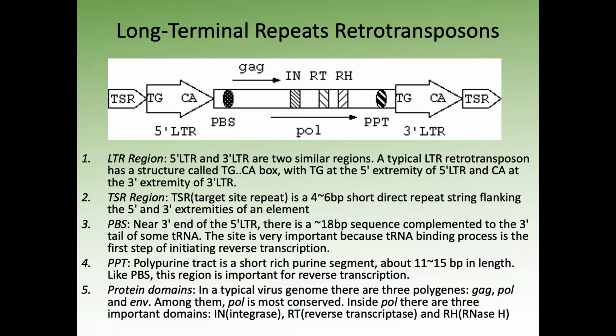LTRs, we call them, that stands for long terminal repeat retrotransposons. They have a very identifiable structure where they have this target site repeat and this LTR region, this TGCA region, that flanks a set of predictable protein domains, GAG and POL and some genes that we would expect to see there, maybe integrase or reverse transcriptase.